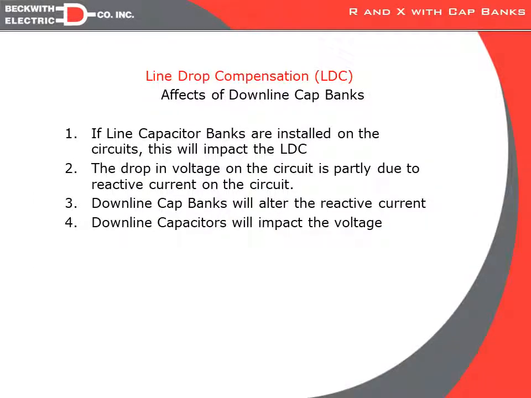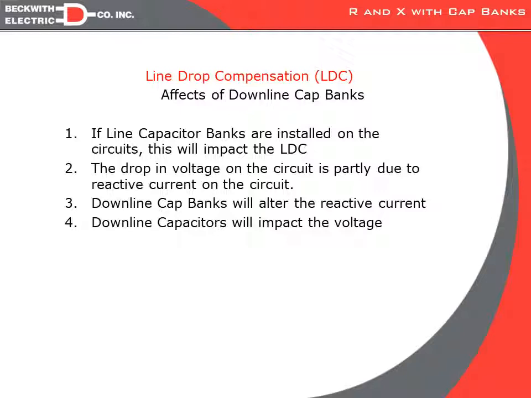Now, switched capacitor banks will have an effect on the line drop compensation. As we said earlier, there is more voltage drop due to reactive current than due to real current. And capacitors are going to provide that reactive current to the load. So any capacitor that is on the load side of the regulator will impact it, and we need to account for that.